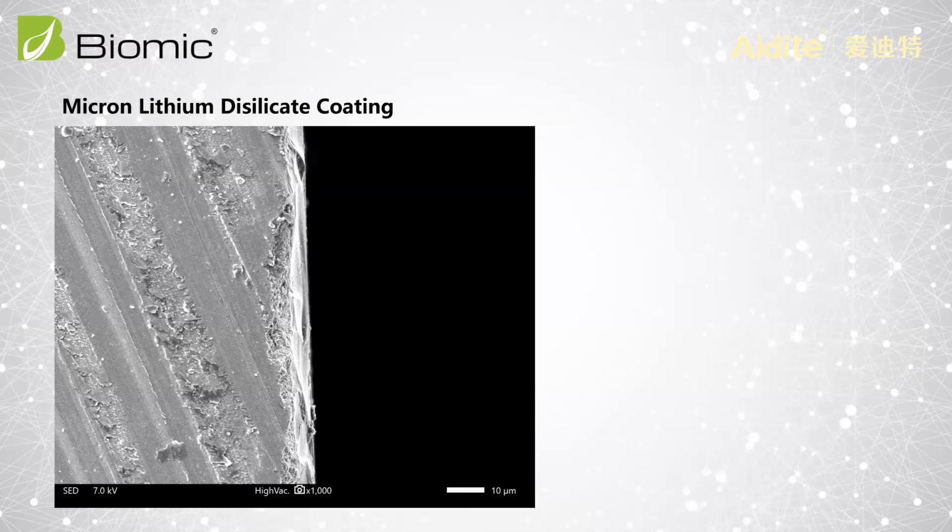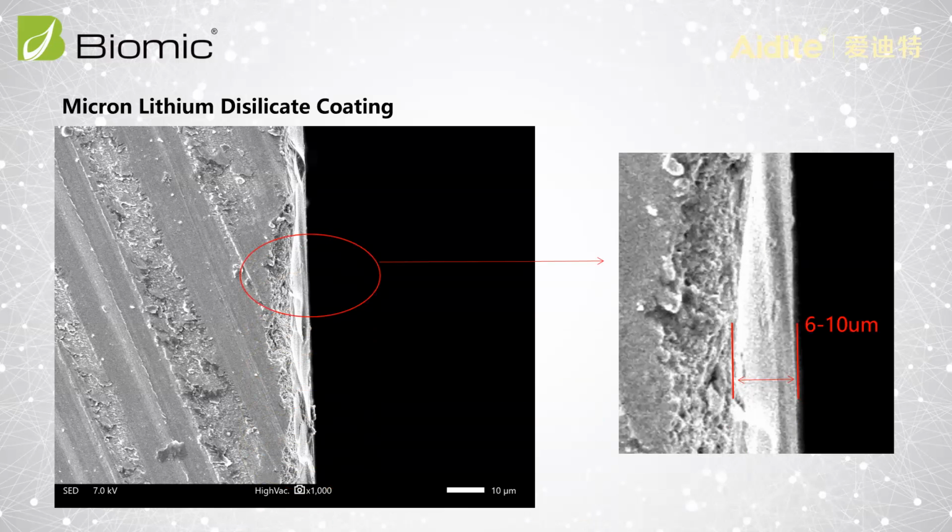And on our Lisi Connect bonding surface, the thickness of the lithium disilicate coating is only 6 to 10 micrometers. So the coating is very thin, and it will not affect the space between the teeth or the teeth with the abutment.